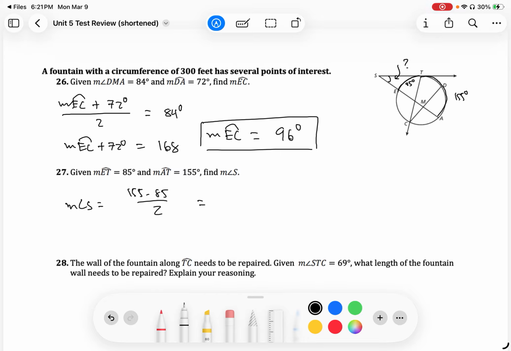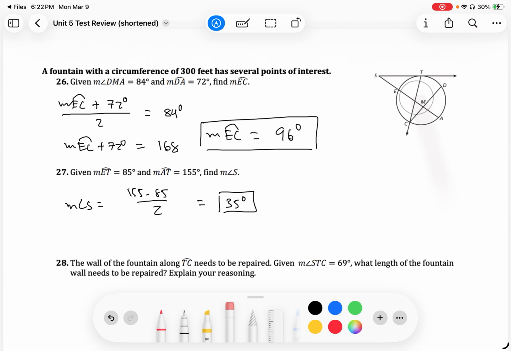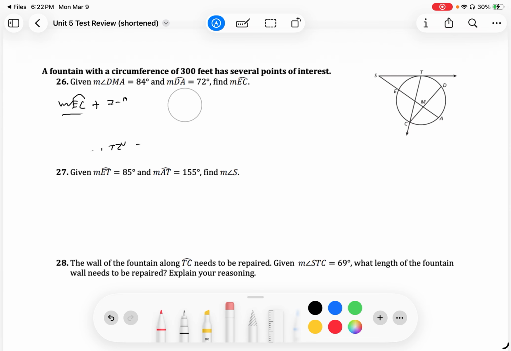So I can do 155 minus 85, which is 70, divide it by 2, and I get 35 degrees. Again, that's because if I have a tangent and a secant, this angle right here is always half the larger arc minus the smaller arc. So that's where I'm getting 35 degrees.